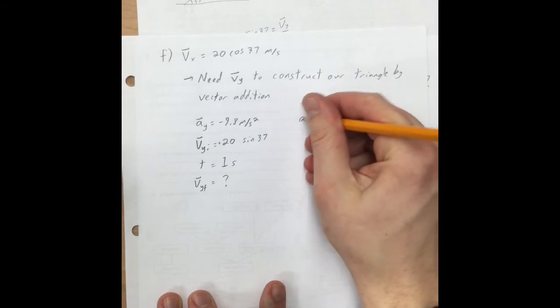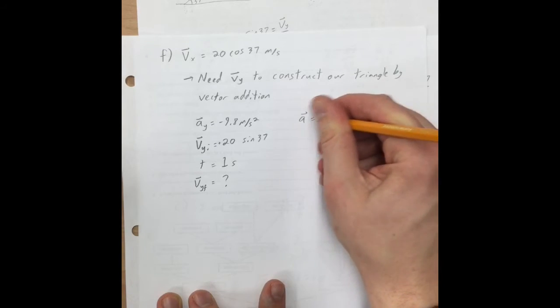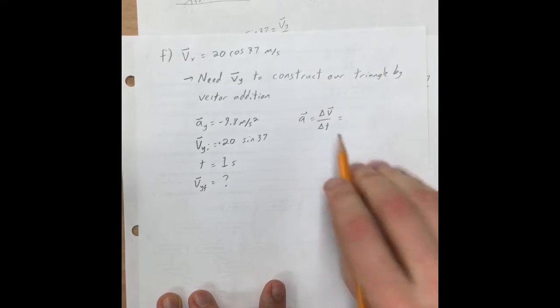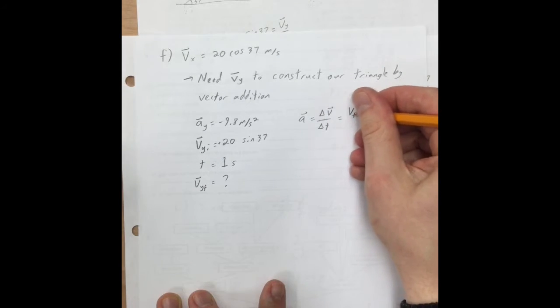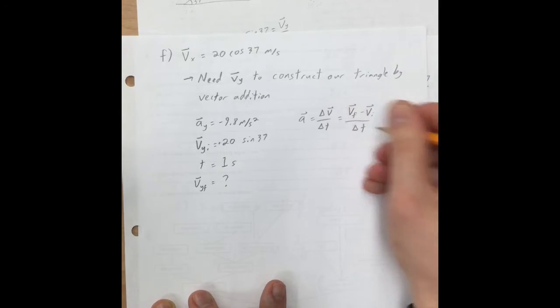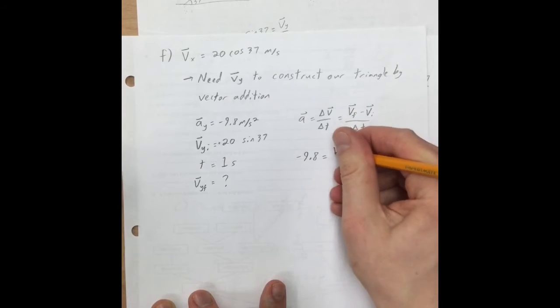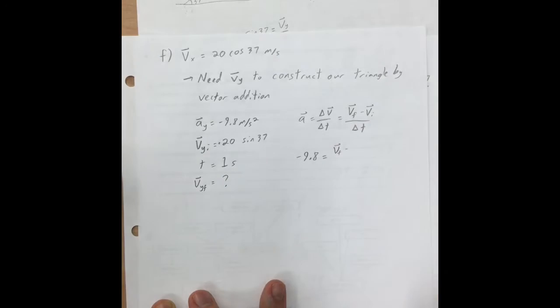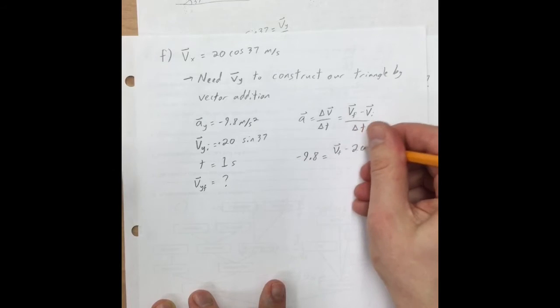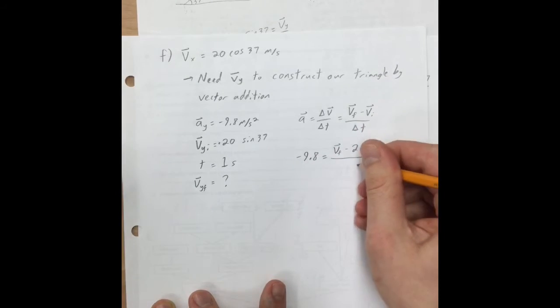Just like before, this is going to be a equals delta V over delta t, which we can expand delta V into Vf minus Vi over delta t. Negative 9.8 is our acceleration. Vf is our unknown in this case. Vi is positive 20 sine 37, so minus 20 sine 37 over top of 1 second.